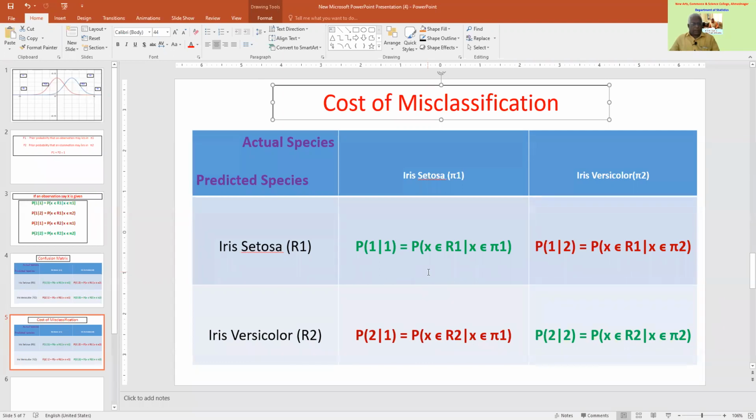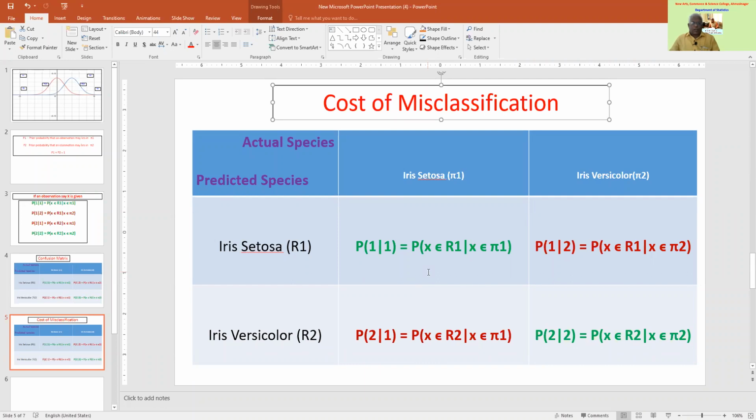Whereas a person that does not have any disease, even if given a treatment, that may lead to some cost, but that may not be that critical. And that is why we have to talk about costing, what cost is associated with it.